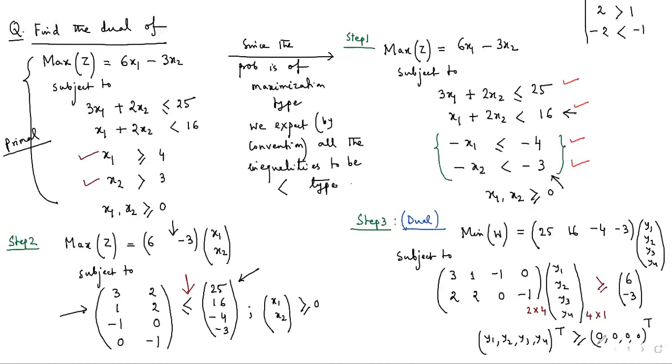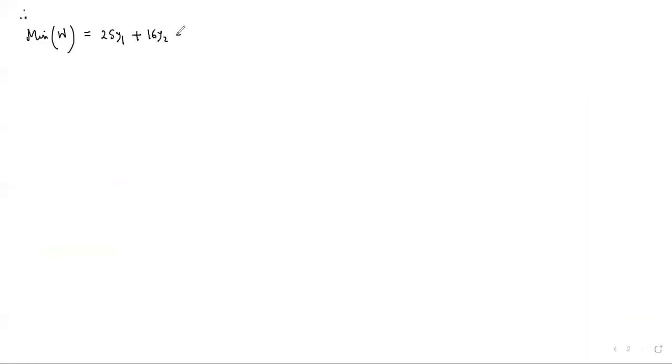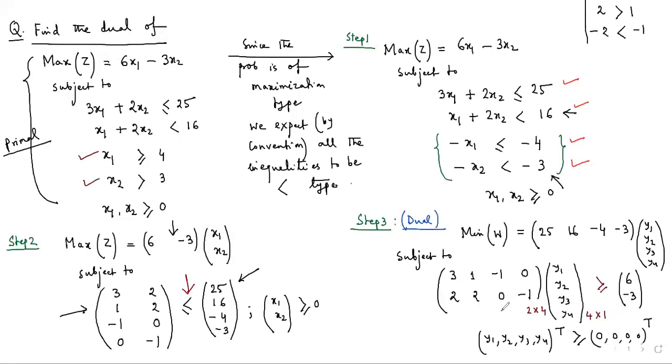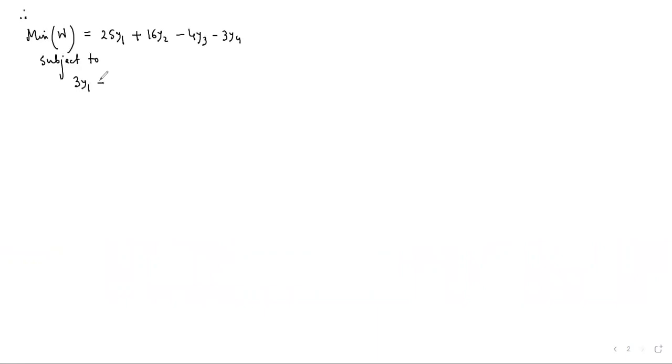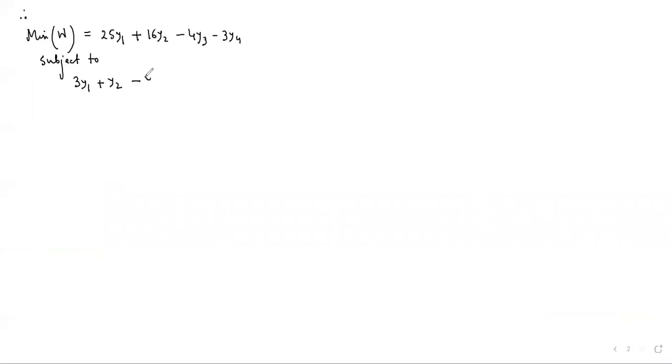So it becomes min W, which is equal to multiplying the matrix, it would be 25y1 plus 16y2 minus 4y3 minus 3y4, subject to, multiplying this, 3y1 plus y2 minus y3 plus 0y4, and y4 will not be there, greater than or equal to 6.